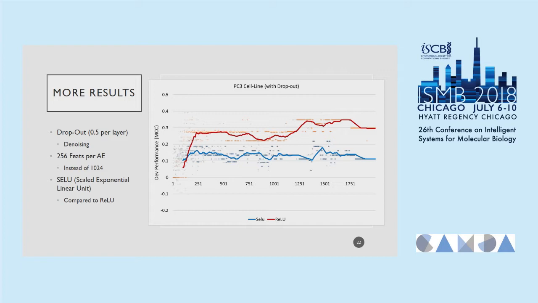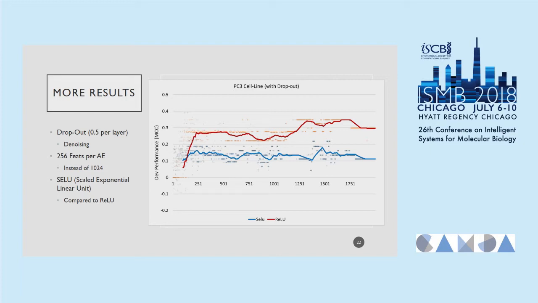So here are some results. We applied the denoising autoencoders with a dropout ratio of 0.5. We also changed the number of features from 1024 to 256. We tested the scaled exponential linear unit, SELU, which was published, I think, last year, and compared it to the most common one, ReLU, the rectified linear unit. From the figure, we found SELU didn't have a comparable performance to ReLU, which means the older one is better, I don't know.